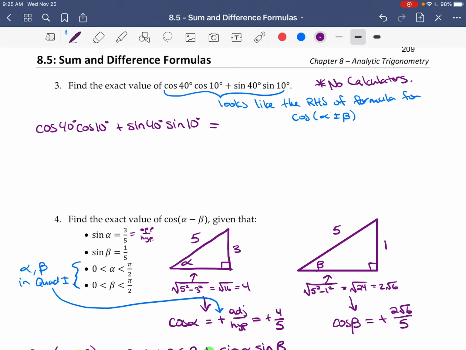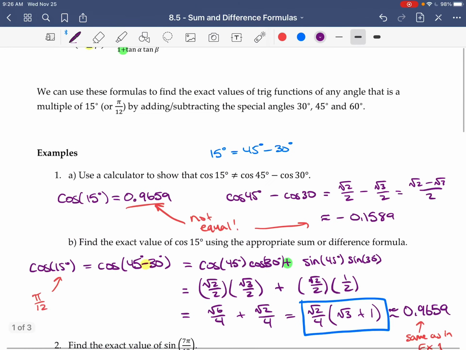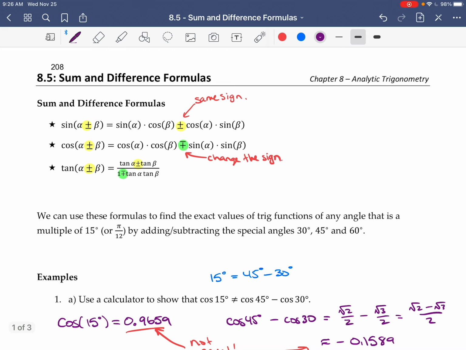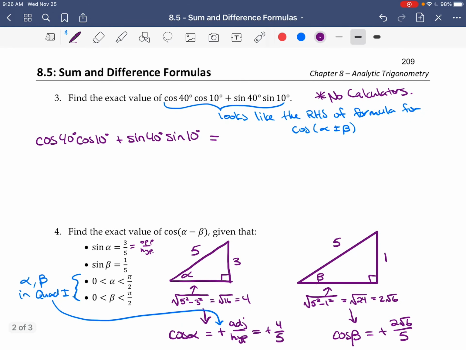So if I go back up, I want to remember that the signs switch for cosine. So it's cos of two different angles, and then sine of the same two different angles. So that's why I chose this one. And the signs switch. So I'm going to have alpha equals 40, beta equals 10, and the sign that's here is going to be different than the sign inside.